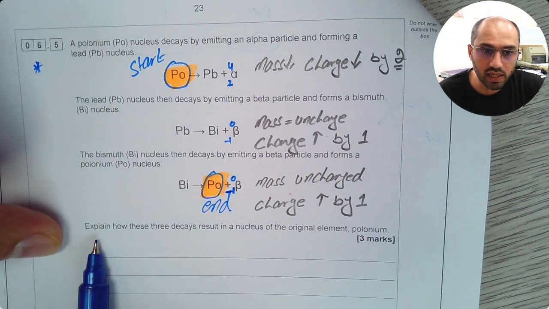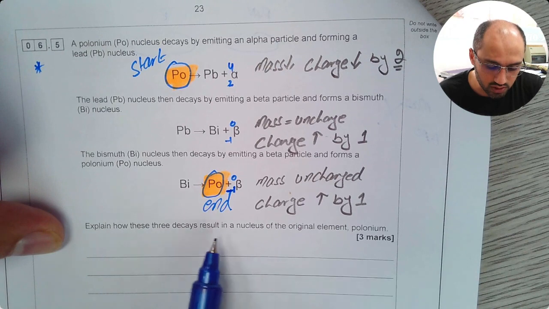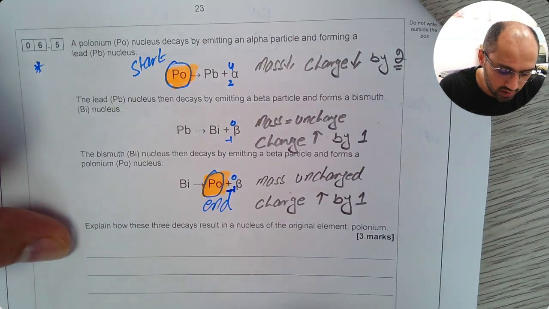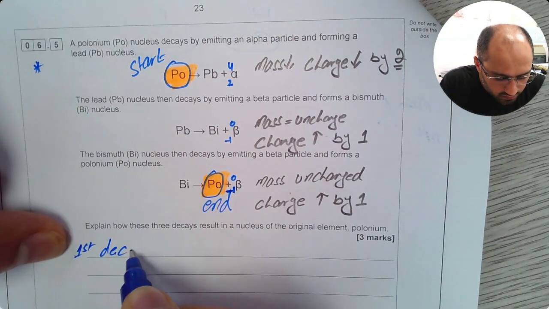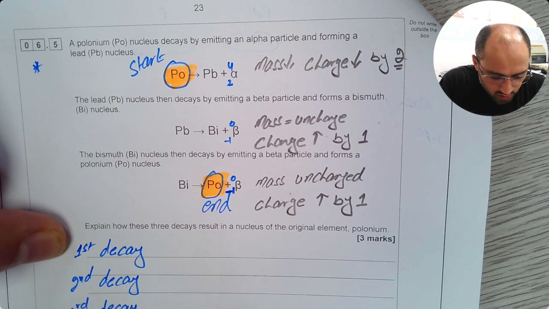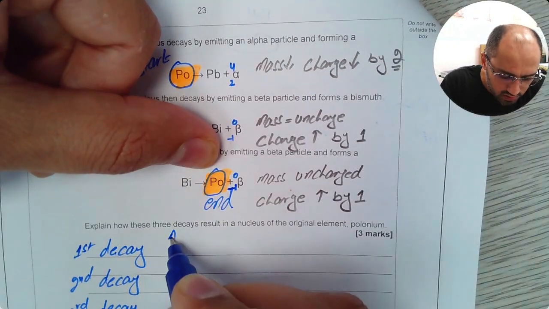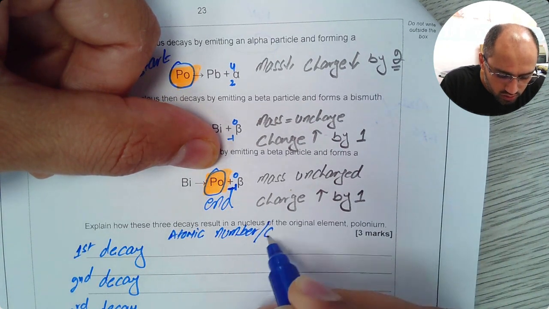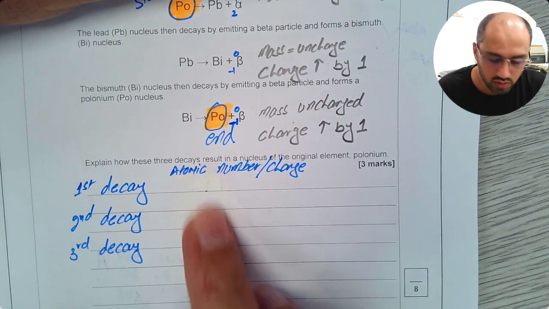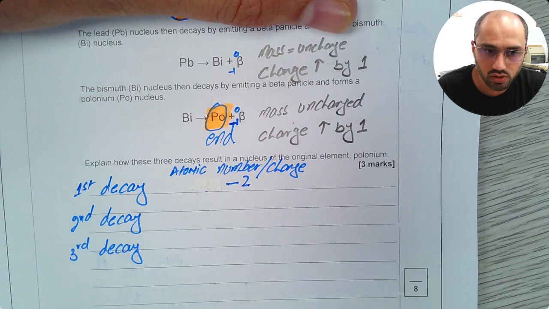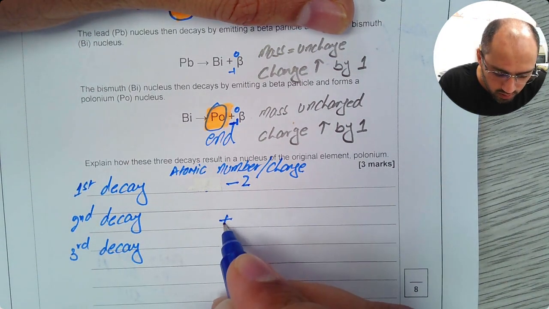Now the question says explain how these 3 decays result in a nucleus of the original element polonium. So all you have to say is first decay, second decay, and third decay. In the first decay, atomic number or charge reduced by 2, so it's -2. In the second decay, it went up by 1.